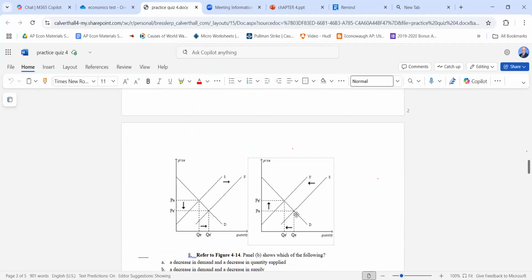If I go up and to the left on the demand curve, I have a decrease in quantity demanded, right? I started at PE and I went to PE prime. So that's a decrease in quantity demanded. I don't know who asked that question, but does that make sense to you now?